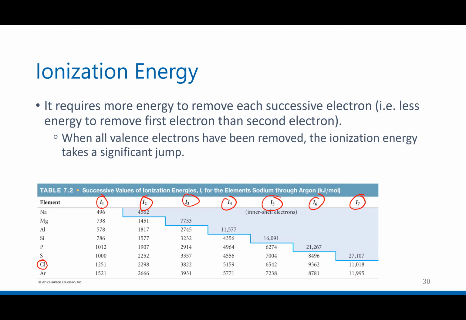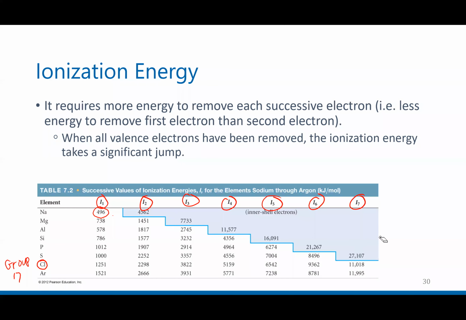Like sodium, it's in group 1. It only has one valence electron, so we're not going to remove any more. Chlorine, excuse me, guys, is in group 17. So it has 7 valence electrons.